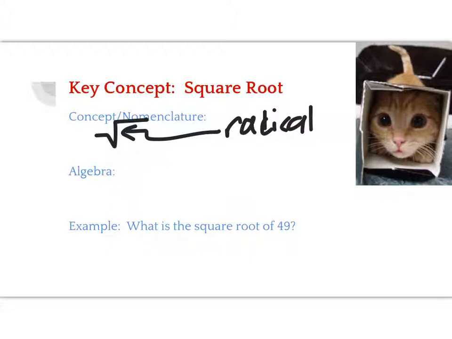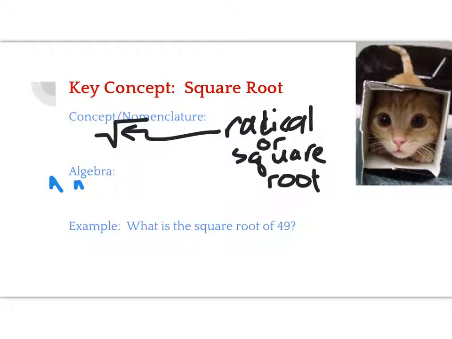So the object's called a radical, and we also think of it as a square root. The algebra of a square root: a number a is the square root of a number b if a squared equals b.